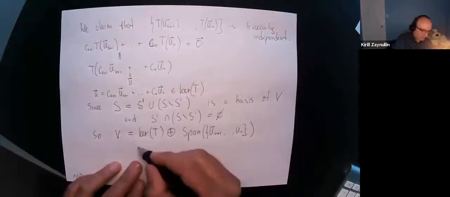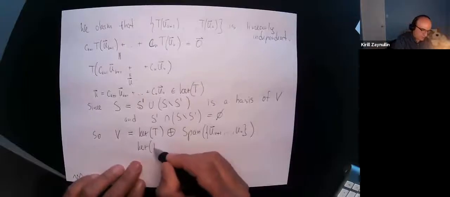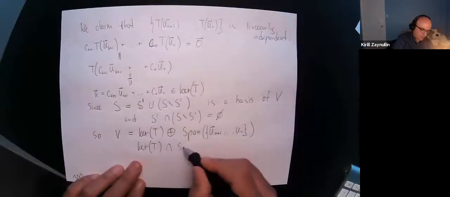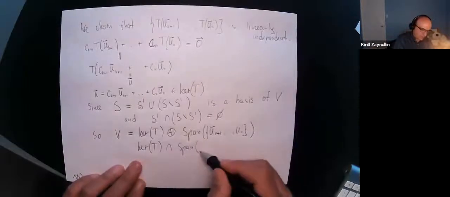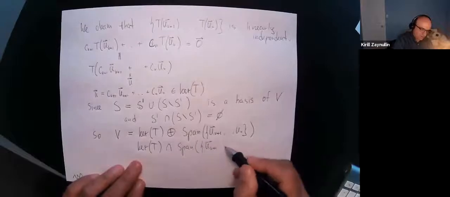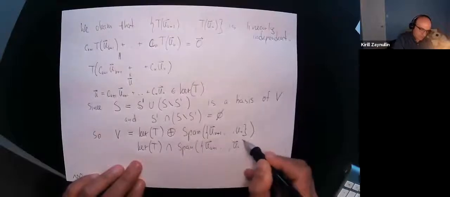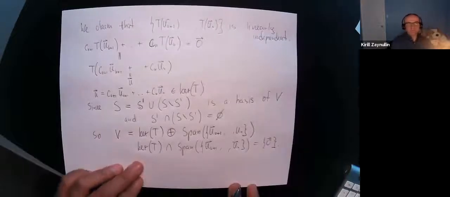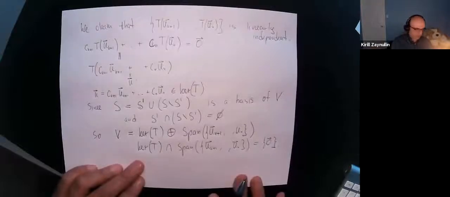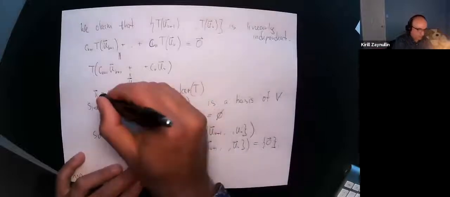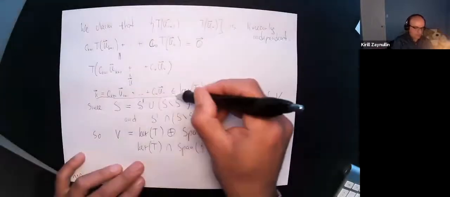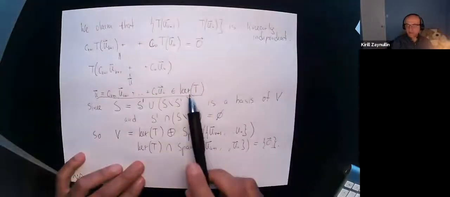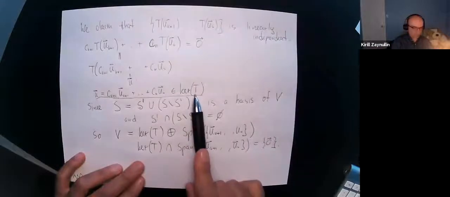Okay, and in particular, we also know that the kernel of T intersect the span of the second linear subspace is a trivial subspace. But then look, we'll come back to this vector. On the one hand, it is in the kernel, that's what we just showed.